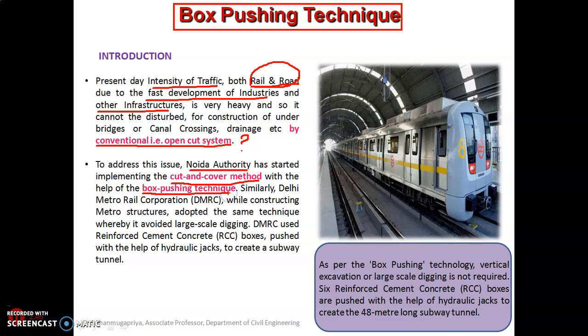Even in Delhi, the DMRC, Delhi Metro Rail Corporation, adopted the same box pushing technique while constructing the metro structures, by which they avoided large-scale digging at their project sites. The DMRC used RCC boxes, that is reinforced cement concrete boxes, which are pushed with the help of hydraulic jacks in order to create a subway tunnel.